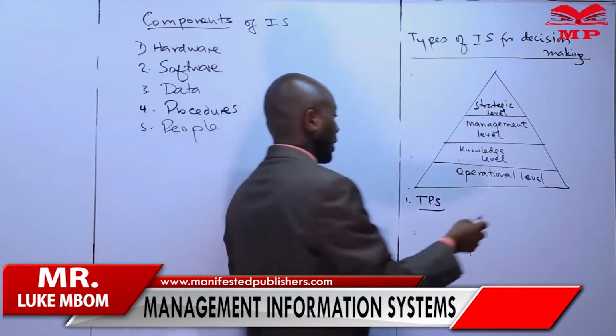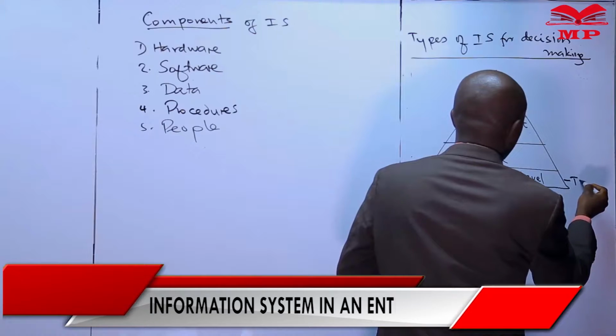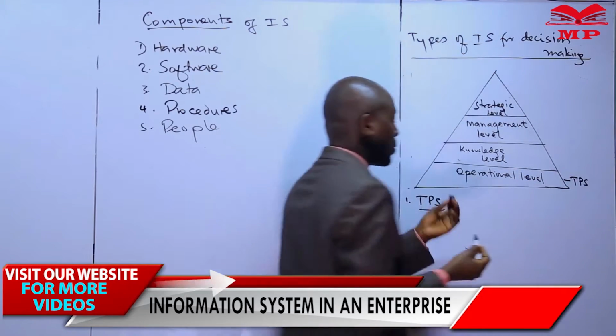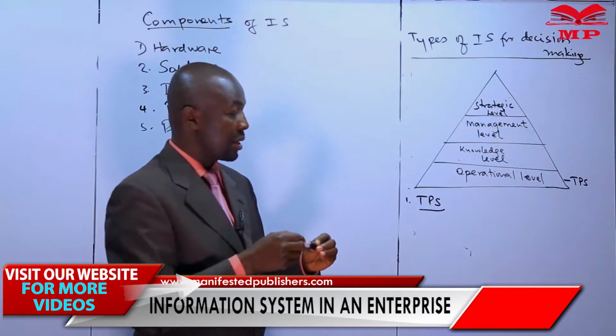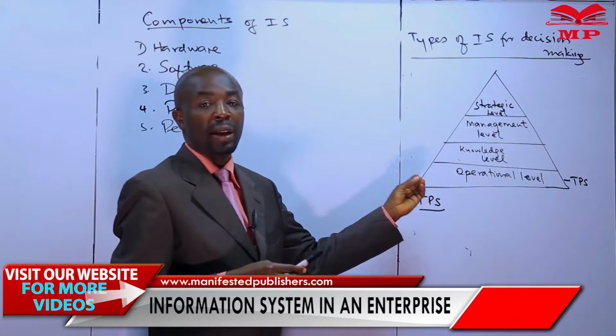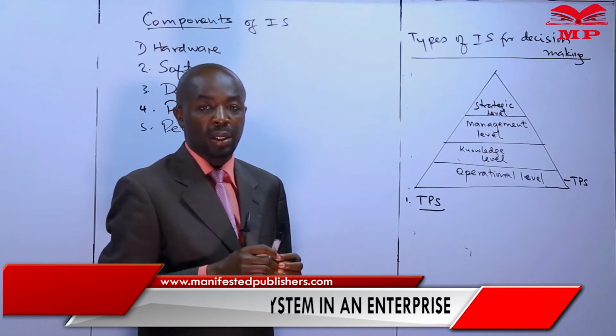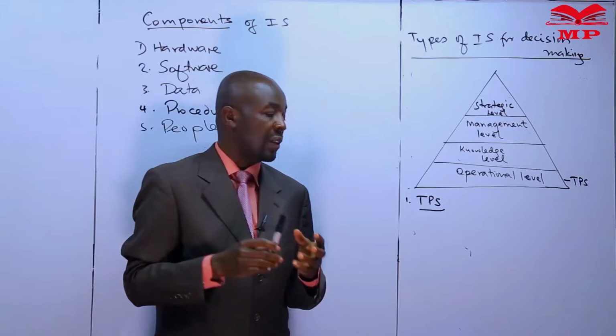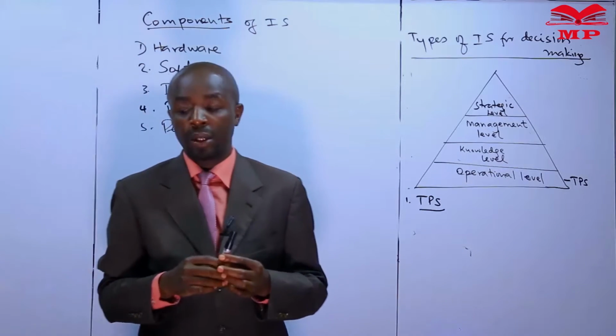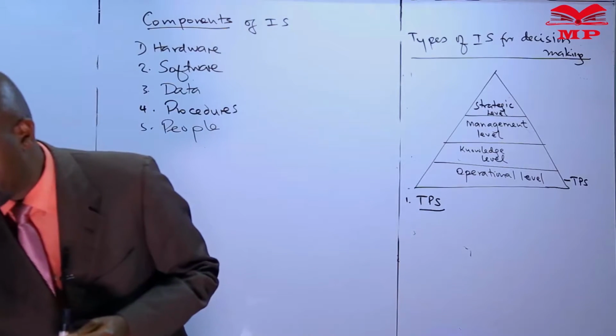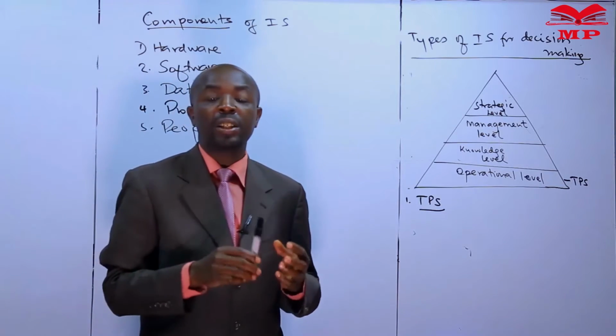So that means it is relevant or it is used at the operational level of management. If we want to know about the status of the operational tasks or the routine tasks, then we will use the TPS.